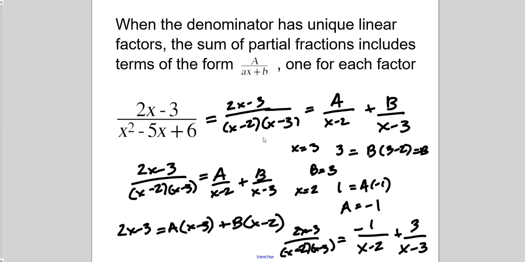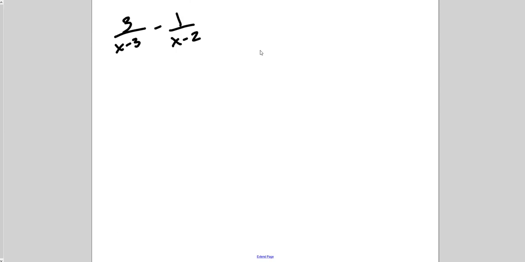So just so you can see how this works, we can check this expression and see that they're equivalent. Okay, so let's just take this and put them over a common denominator.